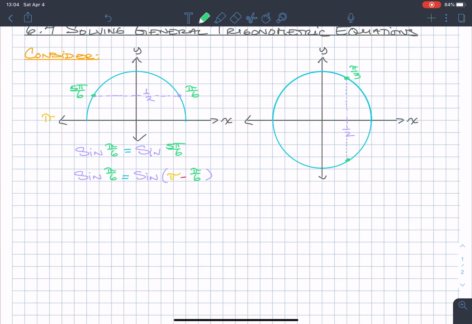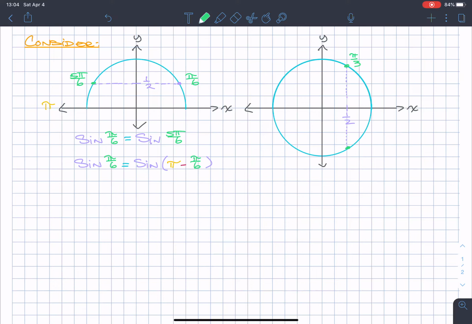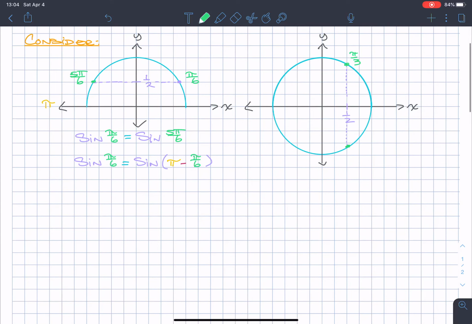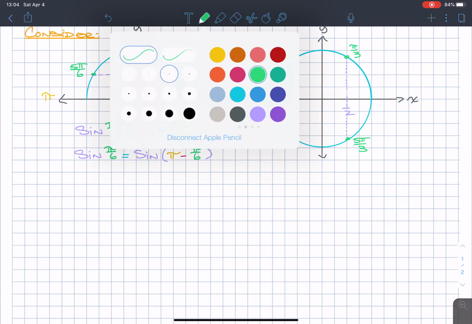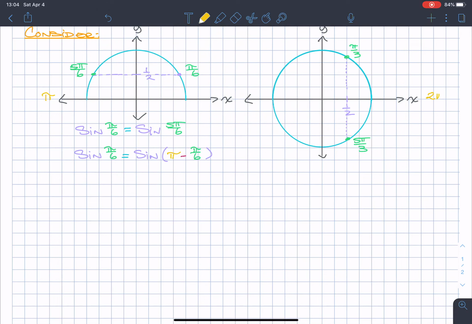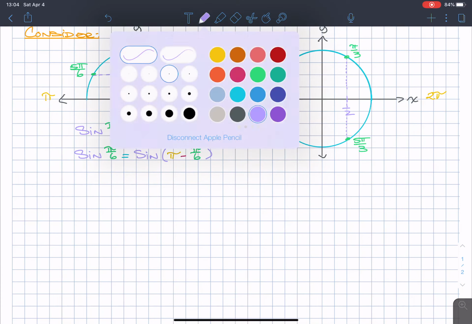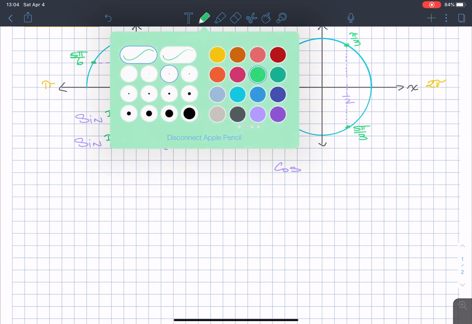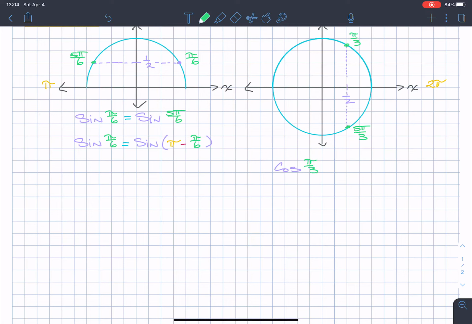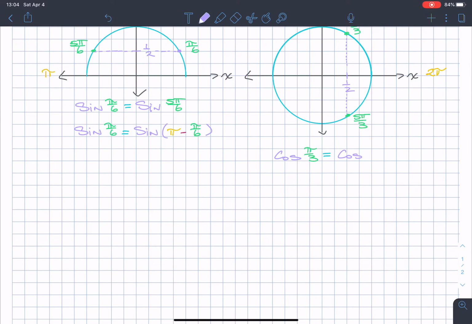Or going forward, this is not negative pi over 3, but it's going to be positive 5 pi over 3. Okay, so what I'm saying here, in terms of now 2 pi, is that cosine of pi over 3, 60 degrees, in this example, is going to be the same as cosine of 5 pi over 3.